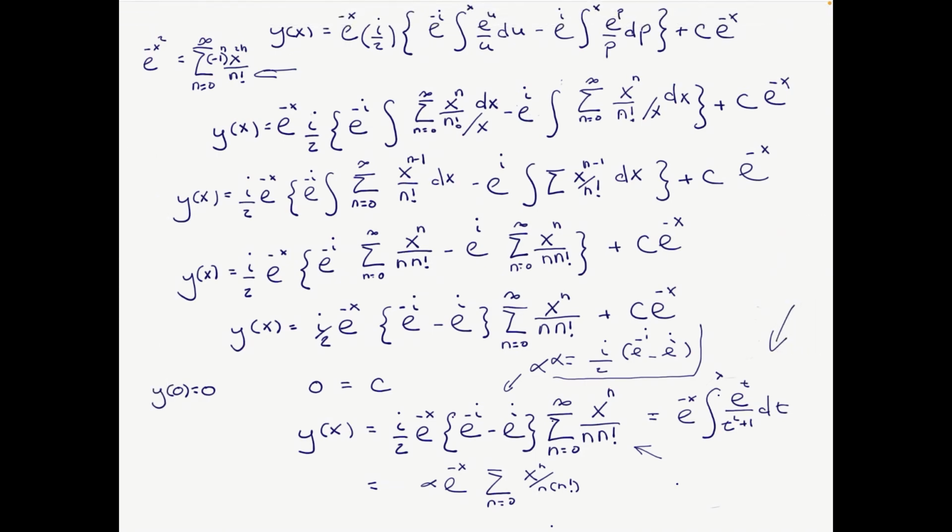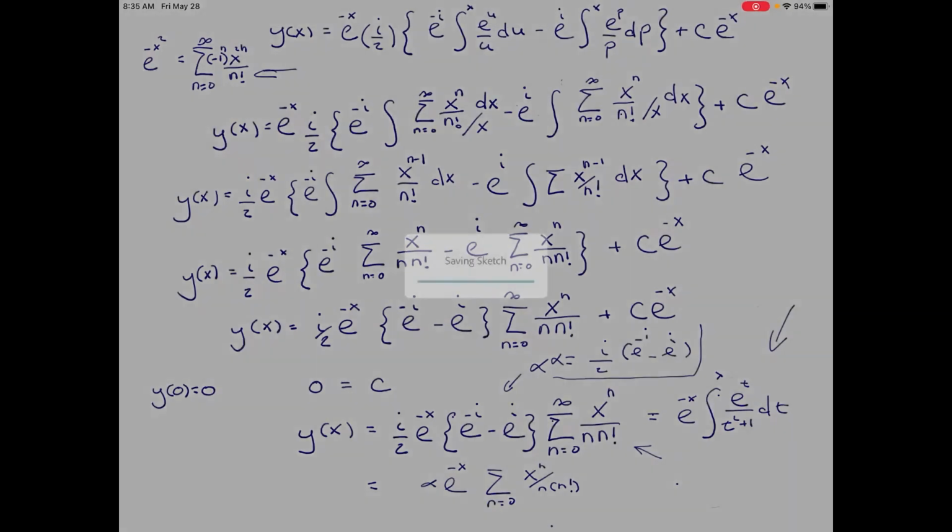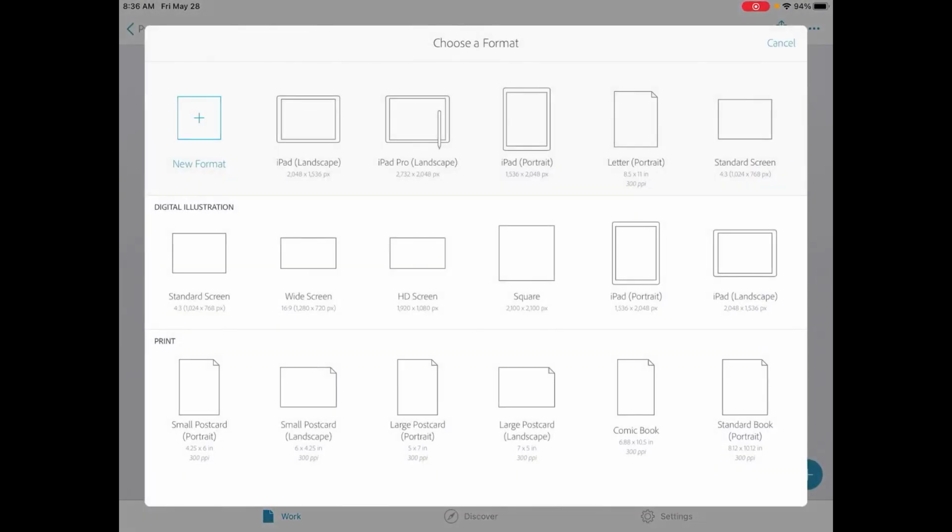But what I find interesting is that in the very early stages of this course that we've been looking at in Boyce DiPrima, they give this problem at all, because it's not a trivial solution.